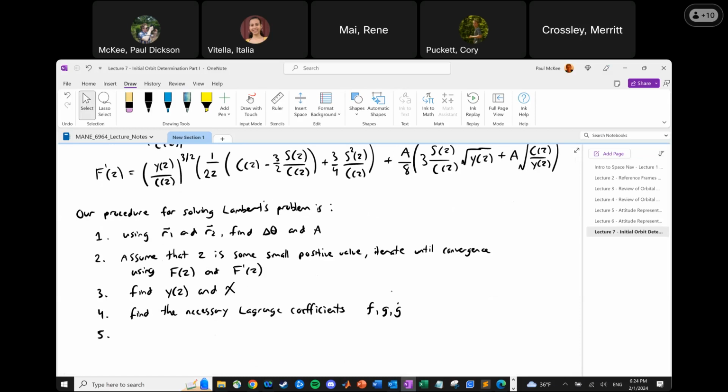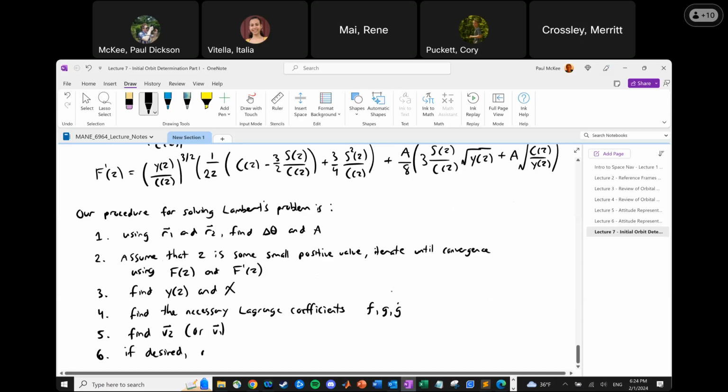Finally, we can find V2, or I guess you could find V1 if you want to. And then finally, if desired, R2 and V2 can be used to find the true anomaly at the second time, E, A, omega, I, and omega. And that's it. So a little bit ugly.